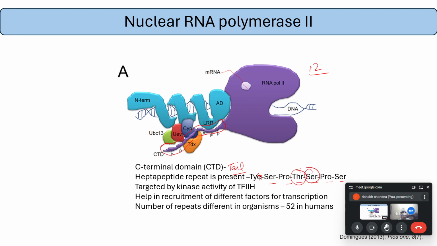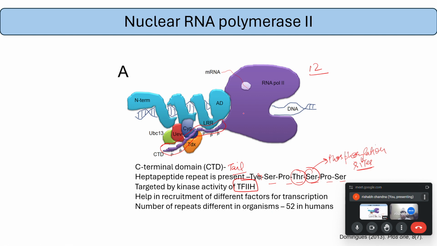So the serines and threonine are basically phosphorylation sites that are phosphorylated by different kinases, and TFIIH is the major kinase found to be involved in phosphorylating these particular serine residues.